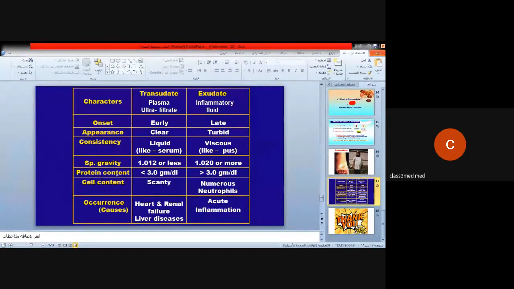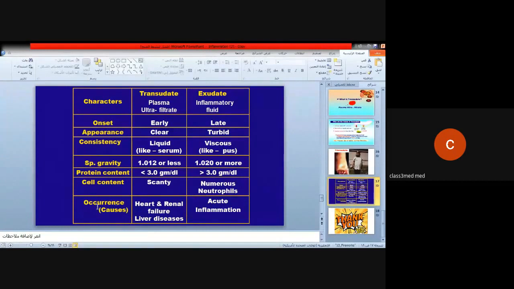The protein content: transudate less than 3 grams per deciliter, low protein content, while the exudate more than 3 grams per deciliter, high protein content. Cell content: transudate scant, or no cells, while there are numerous neutrophils in the inflammatory exudate.